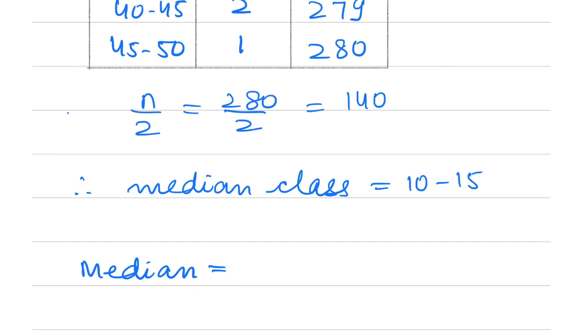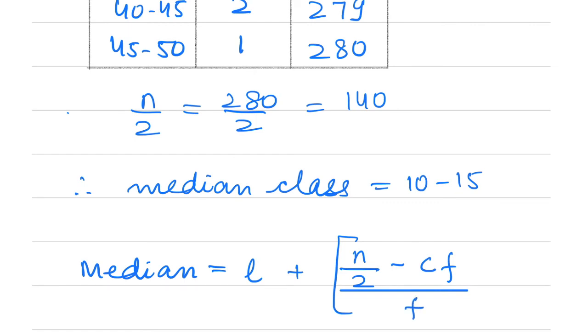So this will be equal to lower limit of the median class plus number of observations by 2 minus cumulative frequency of the preceding median class divided by frequency of median class into height of class.